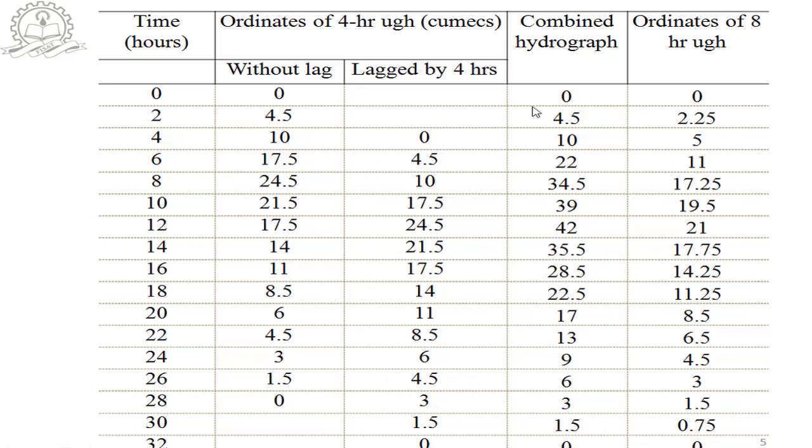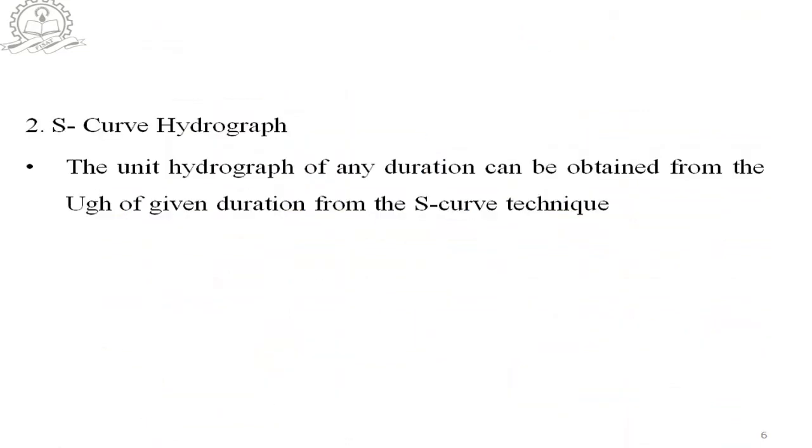Then add the two ordinates, that is, we are combining the two hydrographs, and you will get ordinates like this. Here we are getting 2 centimeter rainfall excess, so divide by 2 and you will get the ordinates of the unit hydrograph. These are the steps.